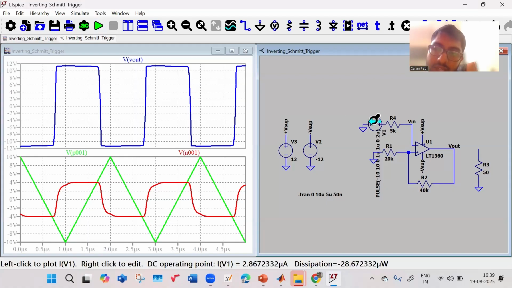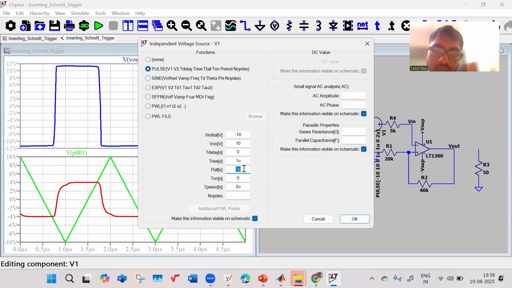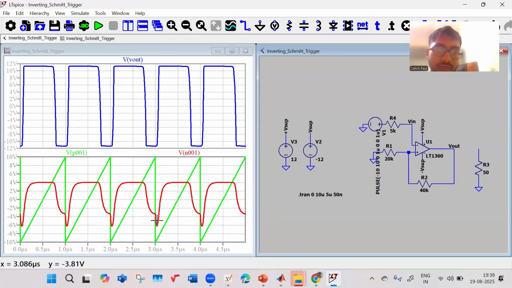But if I convert this triangular wave into this sawtooth wave, then that changes it. It is on for more time and off for less time.